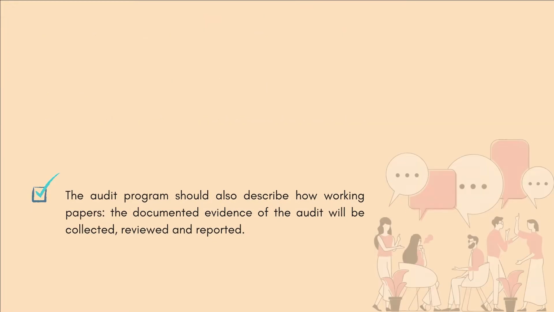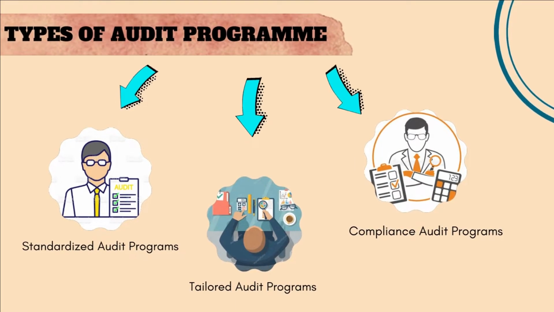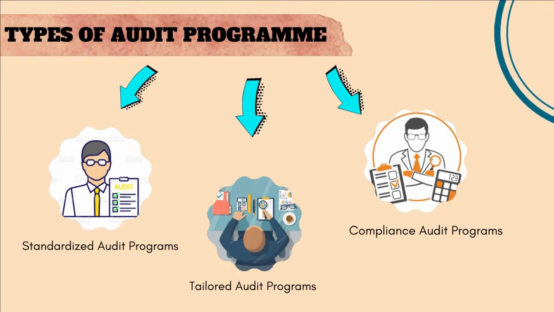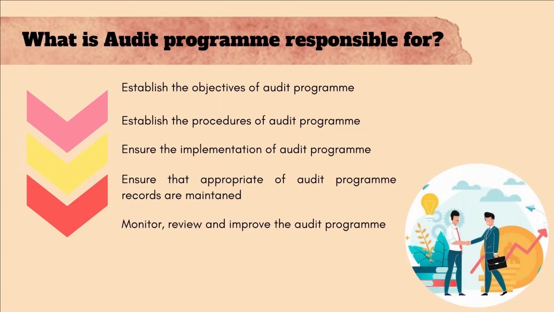There are 3 types of audit program: standardized audit programs, tailored audit programs, and compliance audit programs. The audit program is responsible for establishing the objectives of the audit program, establishing the procedures of the audit program, ensuring the implementation of the audit program, ensuring that appropriate audit program records are maintained, and lastly, to monitor, review, and improve the audit program.